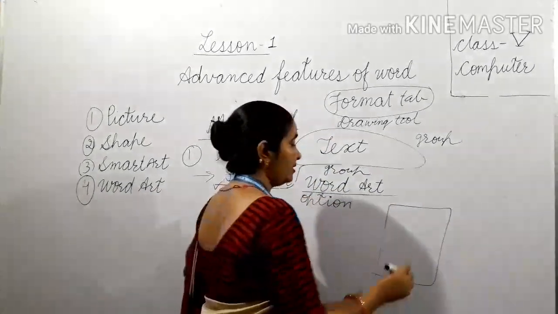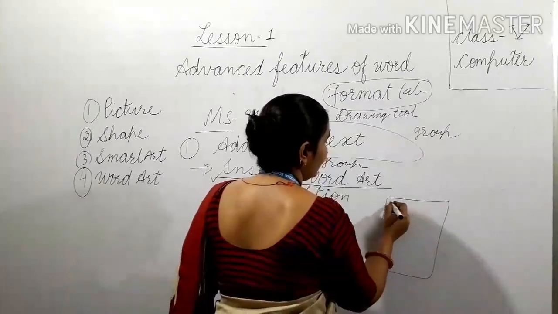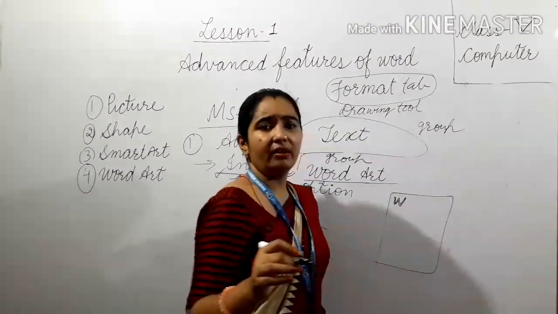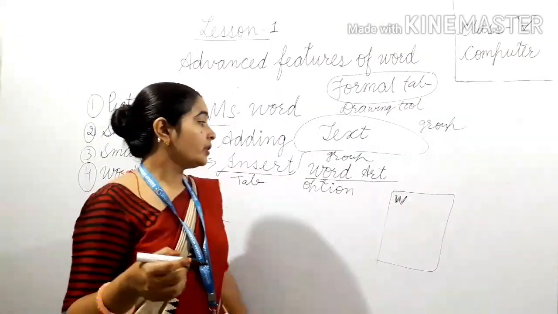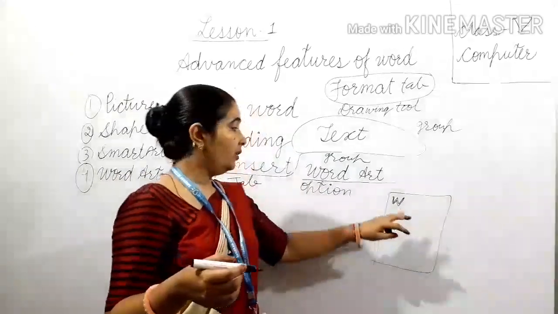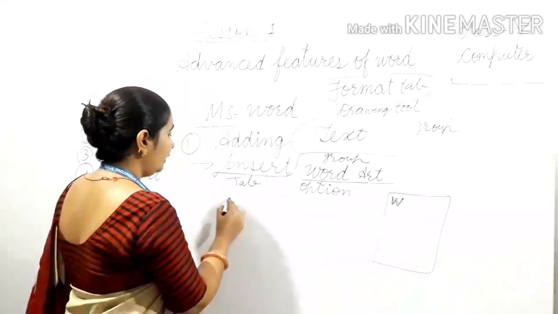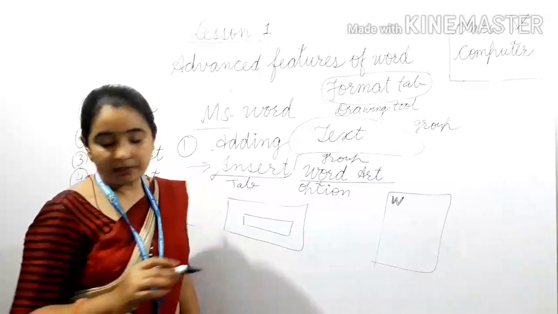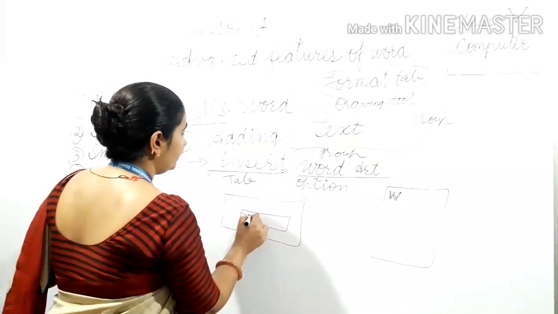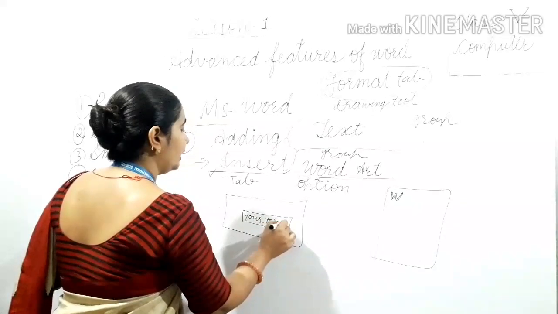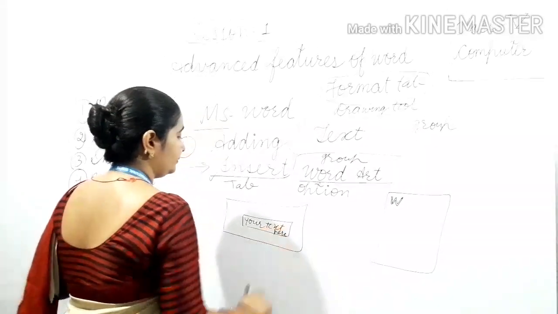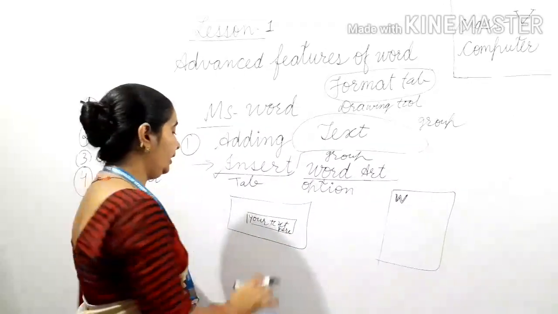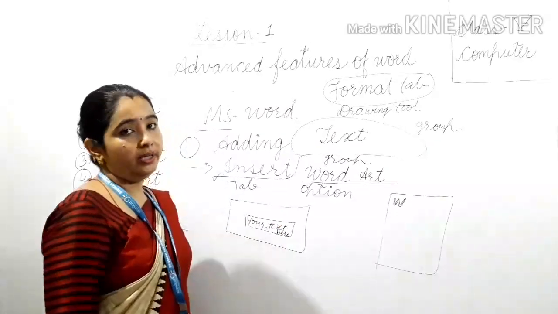Word art gallery हमारे screen पे on हो जाएगी और जिसमें different different style के words लिखे हुए होंगे, double line, single line, different shades, different colors. So click on your desired style, and a text box will appear on your screen. आपके screen पे एक text box आ जाएगा जिसमें लिखा होगा your text here. मतलब यहाँ आपको अपना टेक्स्ट लिखना है. जो सेंटेंस, जो नेम आपको लिखना है, click on it and you can write over it.